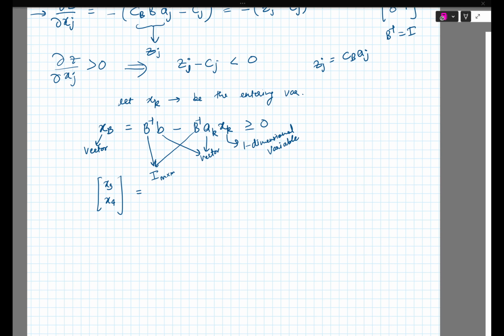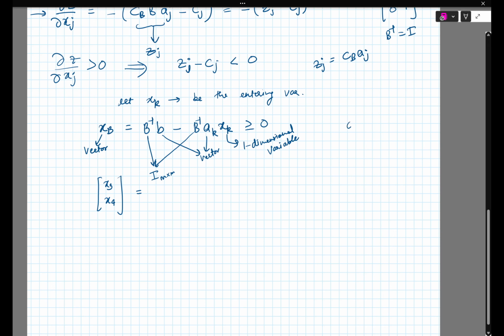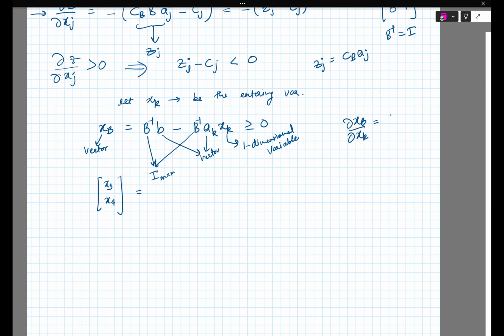Yes, because the value of dou XB upon dou Xk equals minus B inverse Ak, that we have taken equal to minus alpha k.